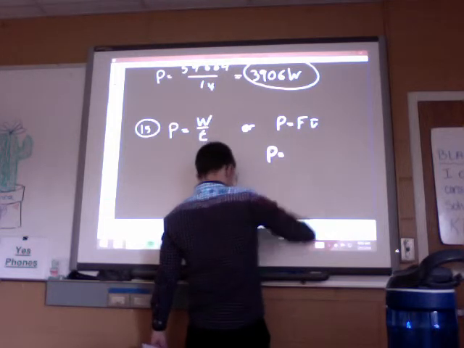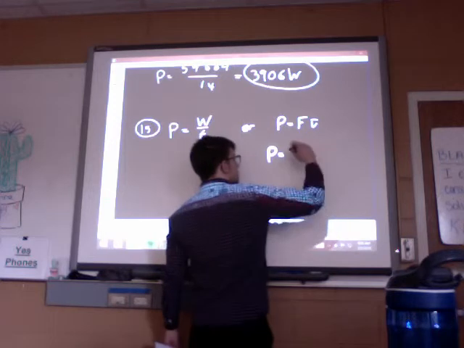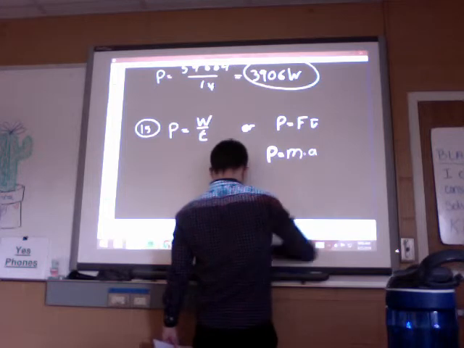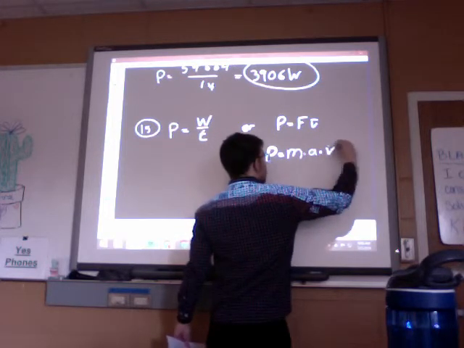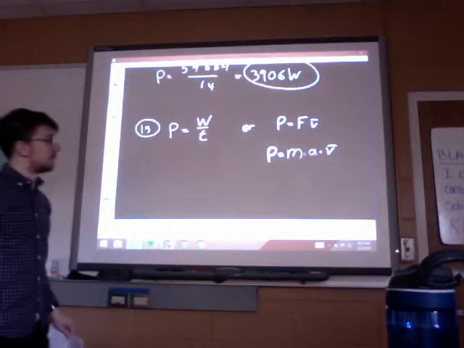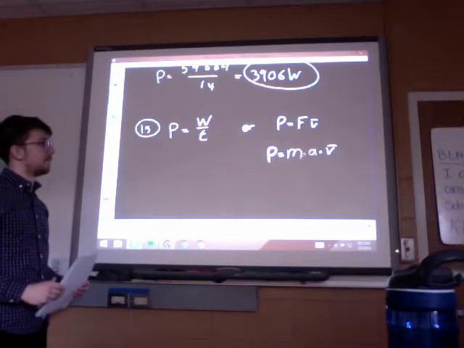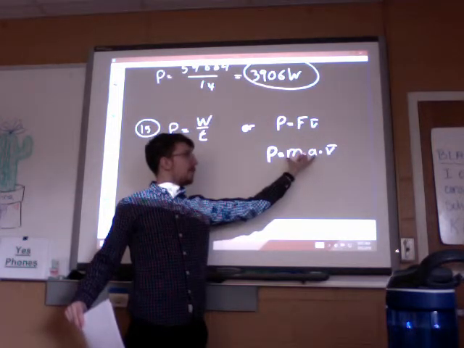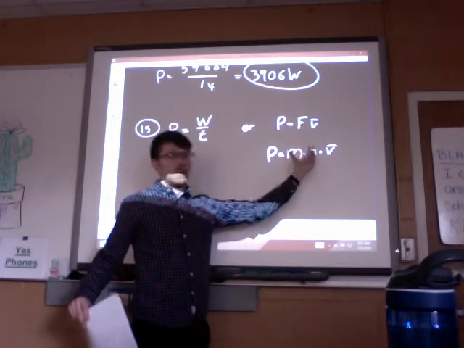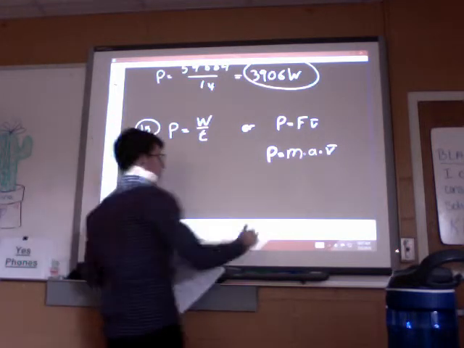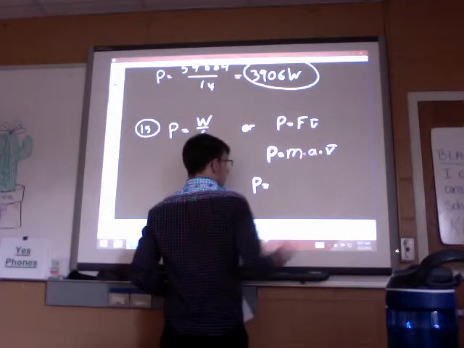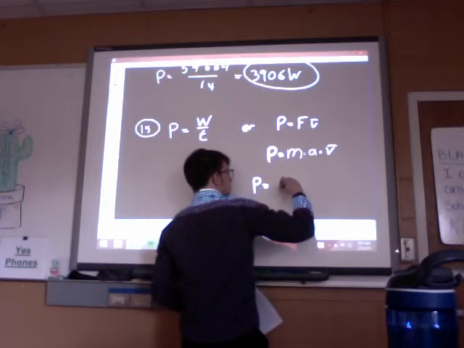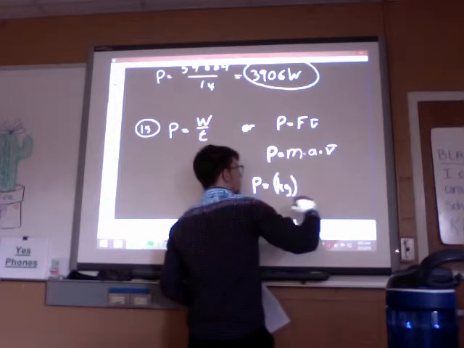So here's what we're going to do. F equals ma, so I can replace F with ma. We'll plug in our units right now and we're done. Let's do these units one by one. Units for mass, kg, kilograms.